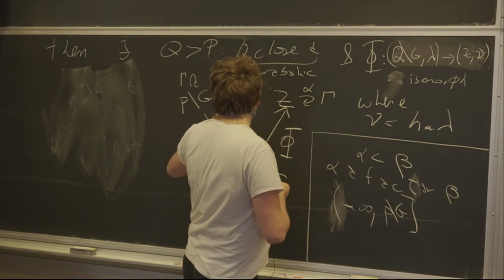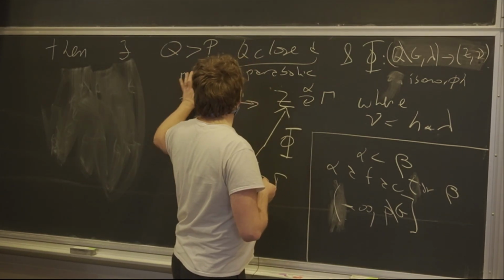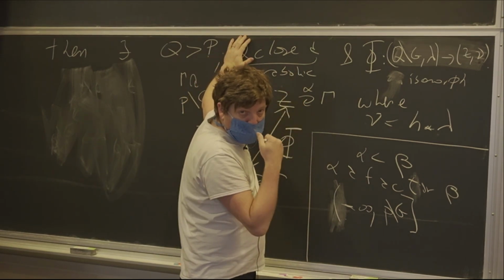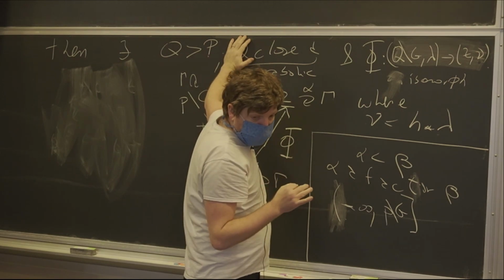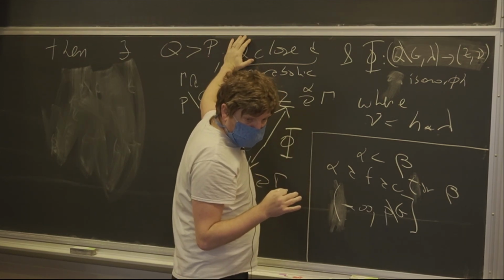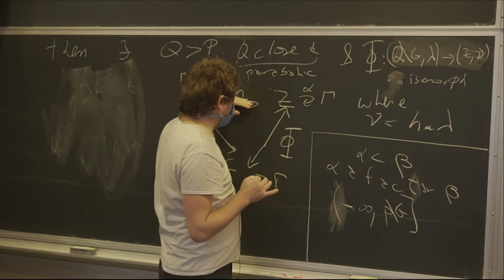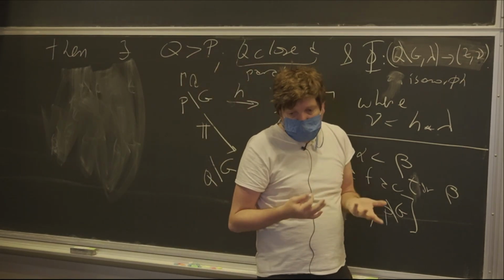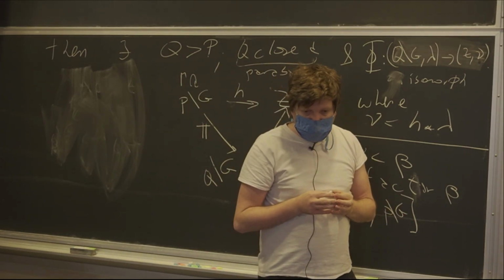So yeah, the goal here is to get this Q. The Q I already defined, I will remind you, but it's very easy to find the Q. What is very hard to prove is that for this Q, H is an isomorphism. But the Q itself is really not hard to get.